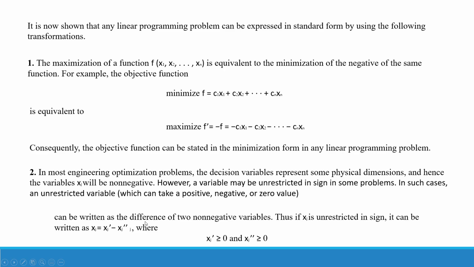In this case, the idea is to write this x as the difference of two non-negative variables. That means that, for example, this one that represents a negative value, we can write as this difference of two values that are both greater than or equal to 0.